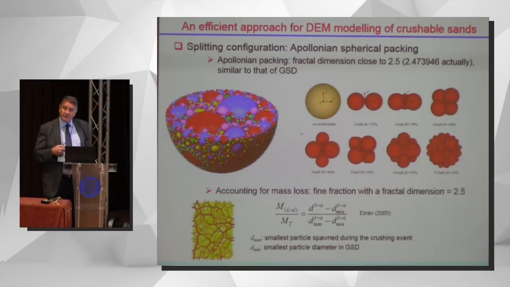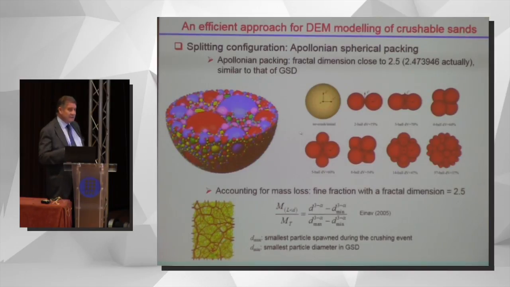But in fact, the finer particles don't contribute very much to the overall mechanical behavior, because it's been well known for the last three decades that the resistance in these granular materials is actually through a series of force chains that go mainly through the largest particles forming these columns.